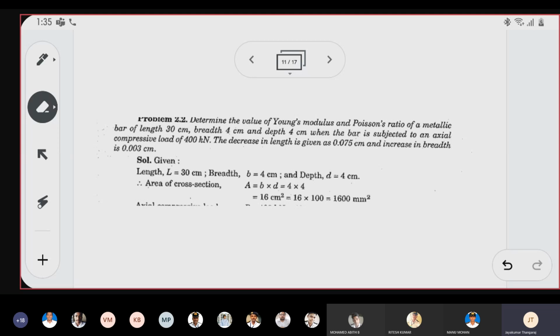This time they have given a compressive load, an axial compressive load of 400 kilonewton.